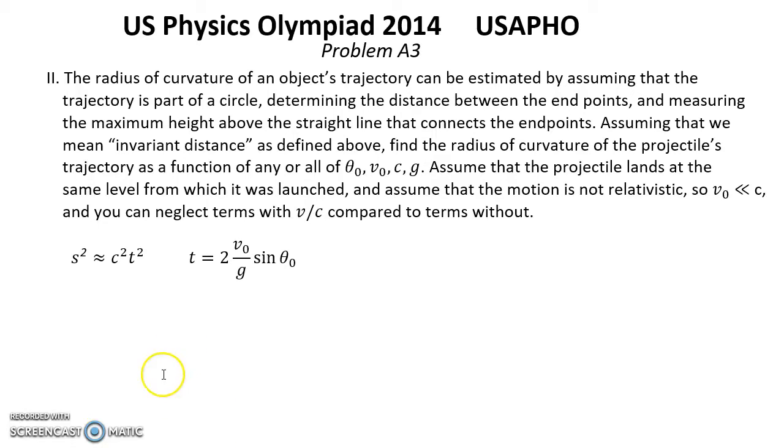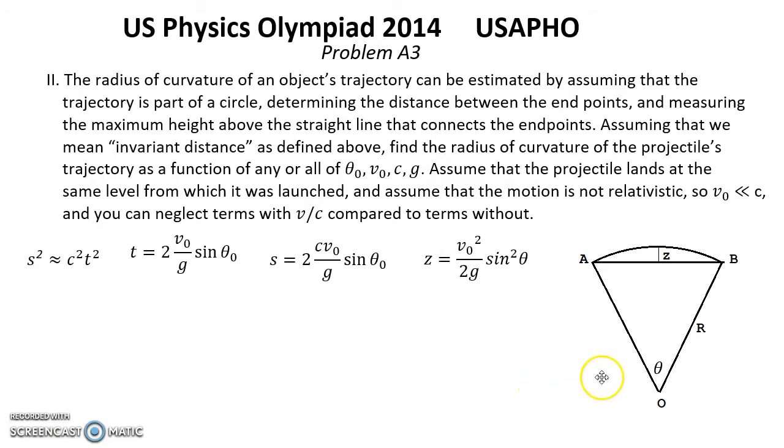So it means that invariant distance for time t will be this one. And now we can find the height in this space-time. That's z. Maximum height will be this expression. And now we can find the approximate curvature of this curve.